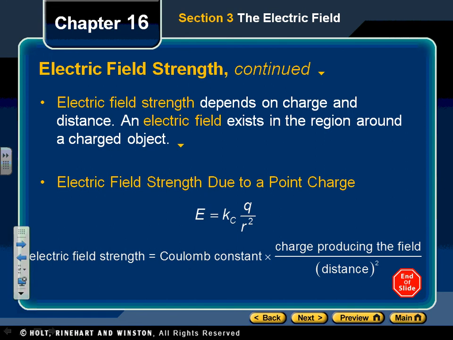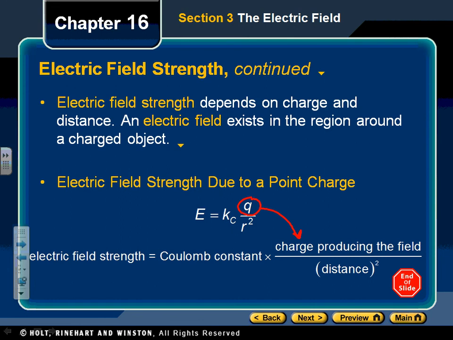Electric field strength is always measured due to a point charge. If we were going to get into some mathematical problems, we would include that here, but that's basically a test charge that you could put in there. So here is our equation for electric field strength: E is equal to Kc, that is Coulomb's constant, times Q, the charge, divided by the distance squared.